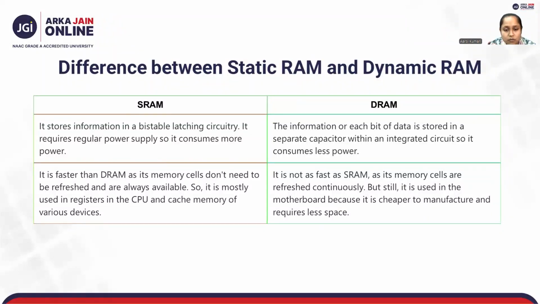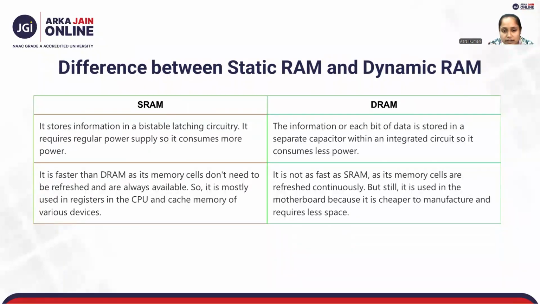SRAM stores information in a bistable latching circuitry. It requires a regular power supply, so it consumes more power. In DRAM, the information of each bit of data is stored in a separate capacitor within an integrated circuit, so it consumes less power.